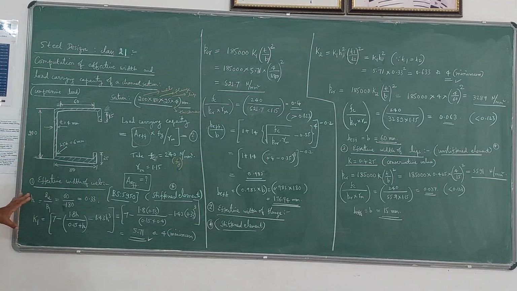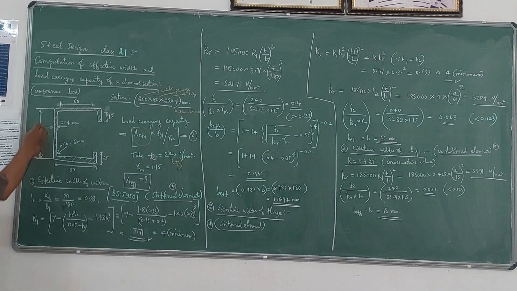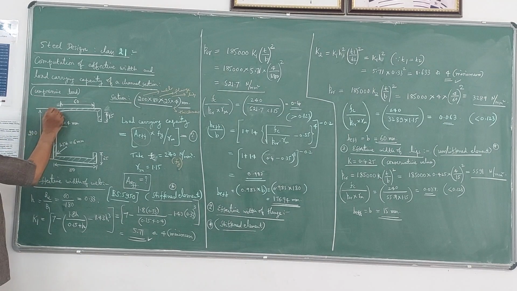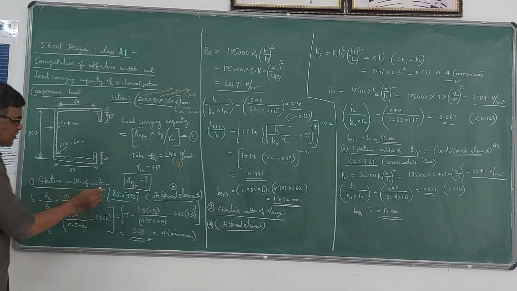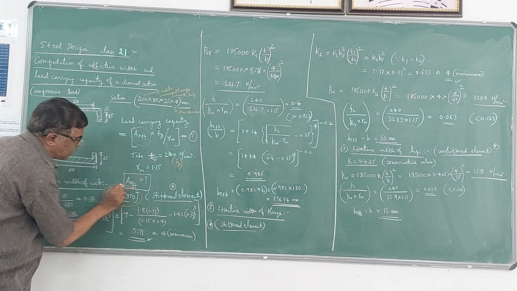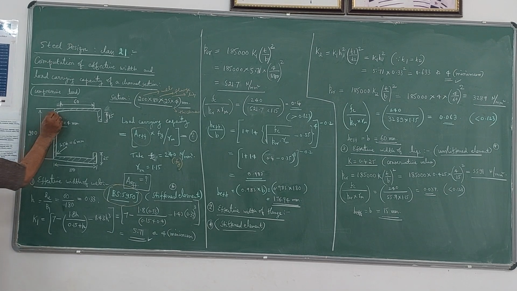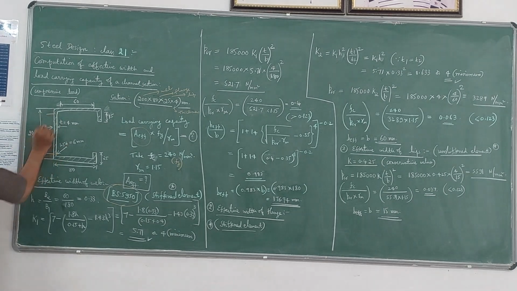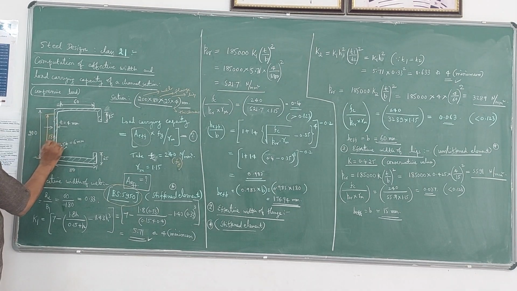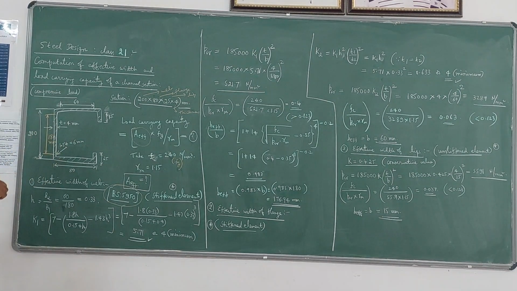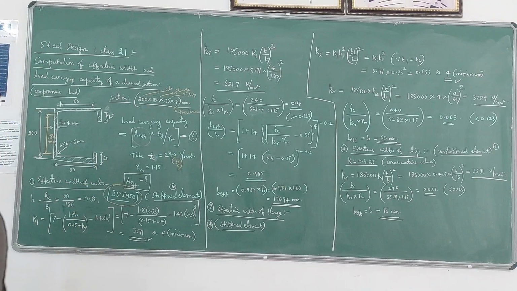First thing, we have to compute the effective width of the web. Overall depth he has given as 200 in this section. If you refer to the British code BS 5950, the overall is 200, but actually we have to take 180 mm as the depth of the web.